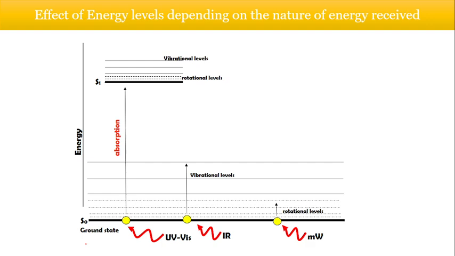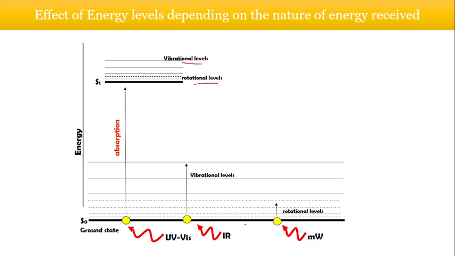So now speaking of the different energy levels on the nature of the energy received. So S0 is the ground state, and each state has different other levels, including your rotational levels, then it has the vibrational levels, etc. So S0 is our ground state, and we have, say, a number of electrons in the ground state.